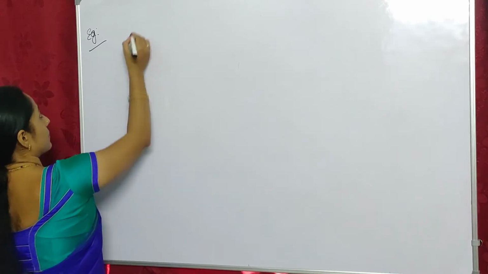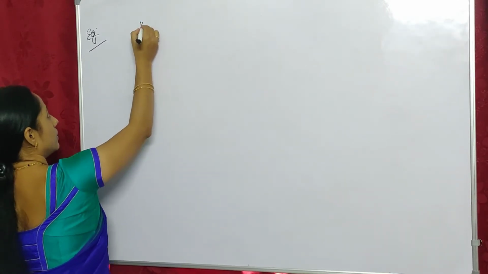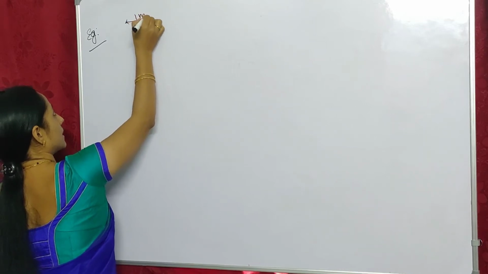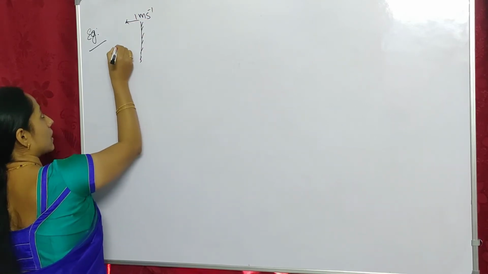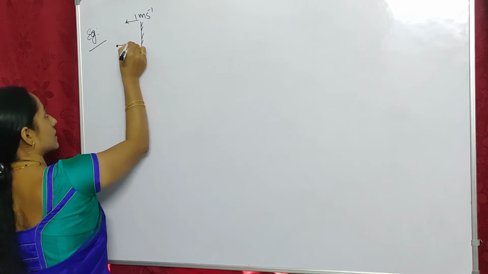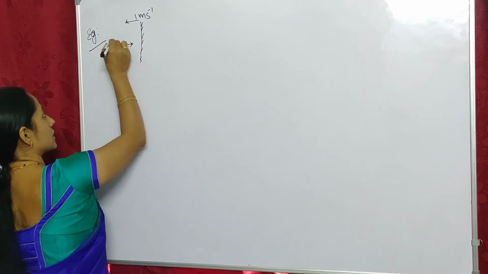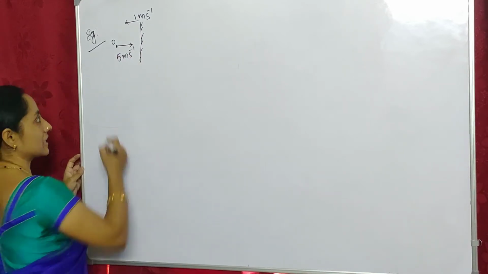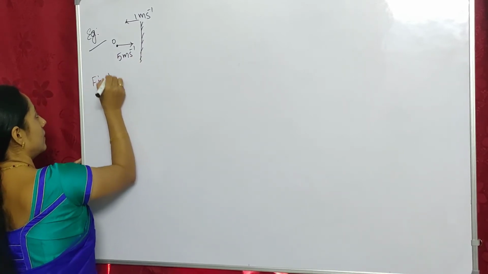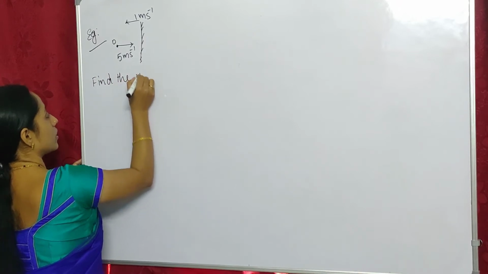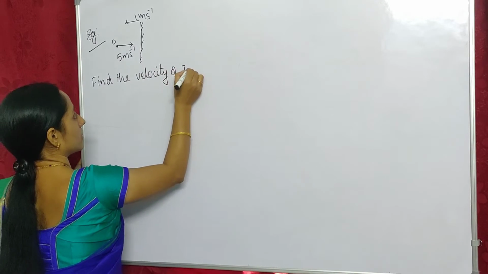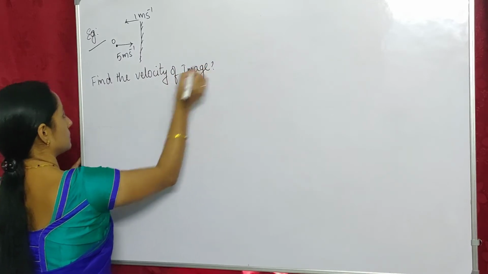So the first example: there is a mirror which is moving with a velocity of 1 meter per second, and the object is moving in this direction with a velocity, this is the object, of 5 meter per second. Now the question is, find the velocity of image.